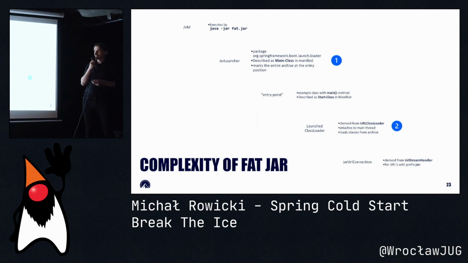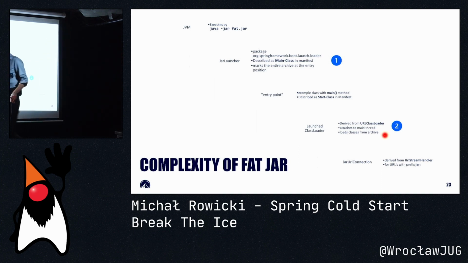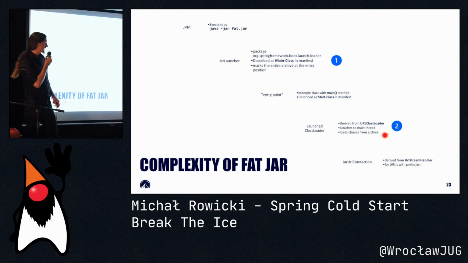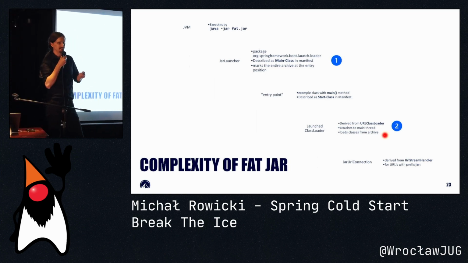Okay, so starting our fat jar is quite complex, because when we run java -jar fat jar, underneath it does not call our application with the main method directly, but we start the jar launcher first, which is responsible for replacing the system class loader with the one called URL class loader, because the system class loader cannot read these Matryoshka style jars when you have a jar in the jar.